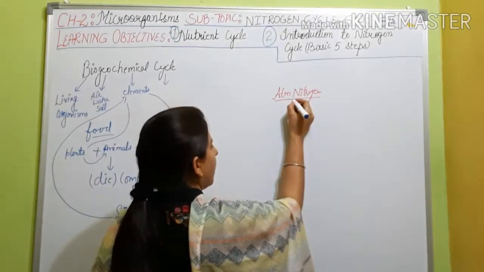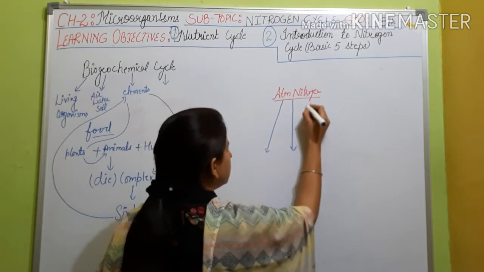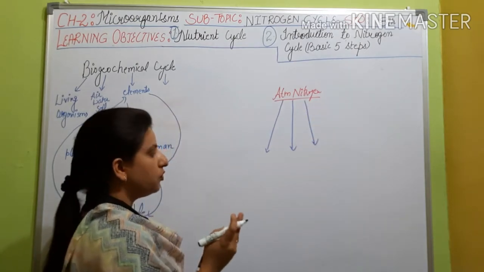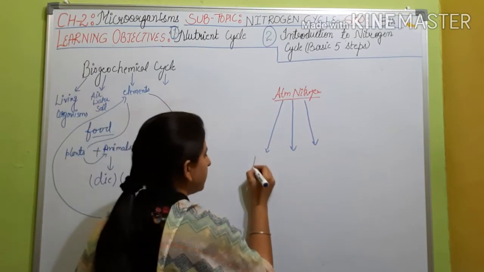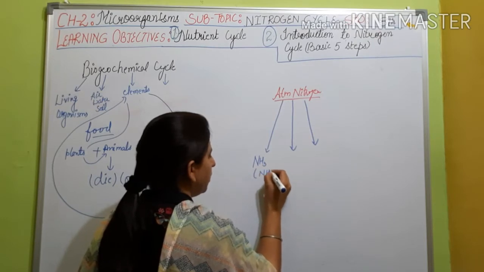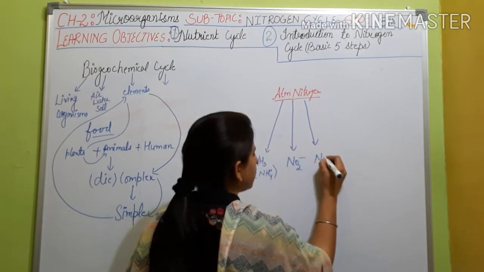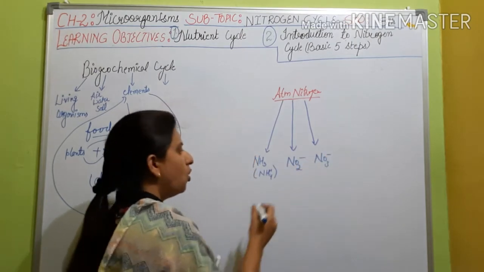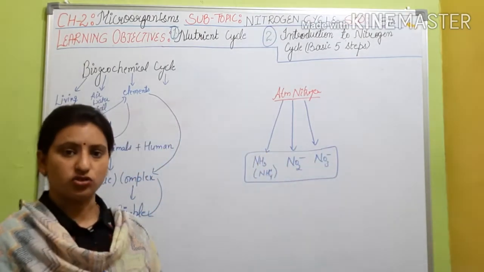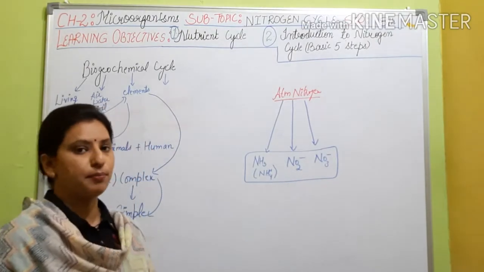The atmospheric nitrogen is changed into three types of usable nitrogen compounds: ammonia, which is used in the form of ammonium, nitrite and nitrate. All the three are usable forms of nitrogen, or you can say all the three are nitrogenous compounds.